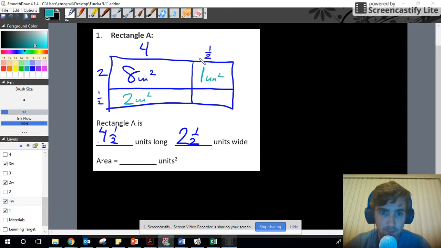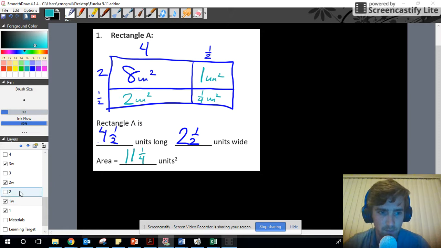And then finally 1/2 times 1/2 equals 1/4 of a square unit. So when I add all of these together, this horizontal row here, let's see, 8, 9, 10, 11, and 1/4. So I know that my area is going to be 11 and 1/4 square units.